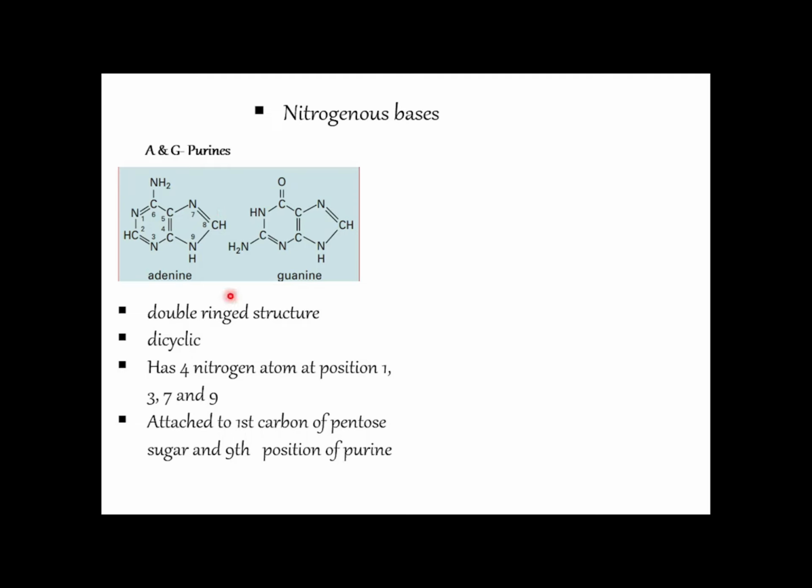It has 4 nitrogen atoms at positions 1, 3, 7, and 9. This is the feature that makes it differ from the others. The nitrogenous base attaches to the sugar at the first carbon of the pentose sugar.